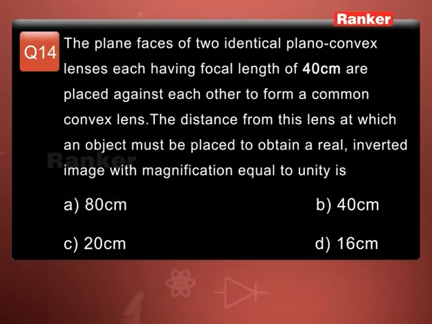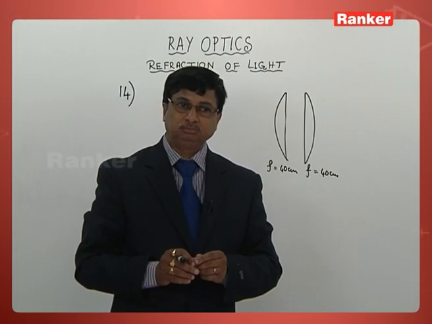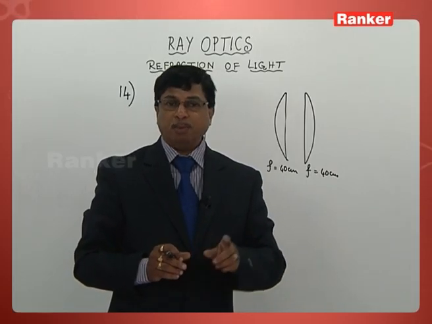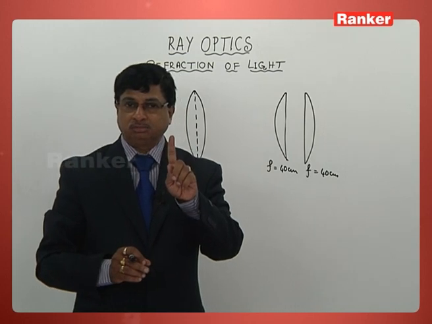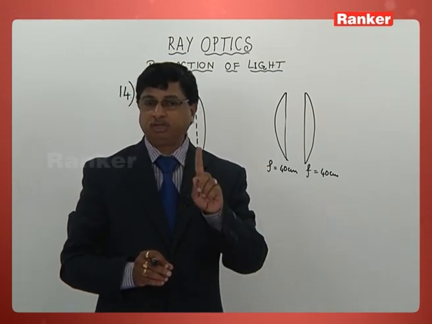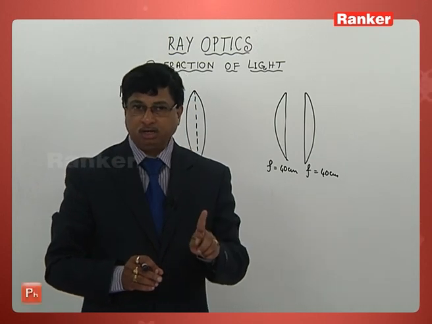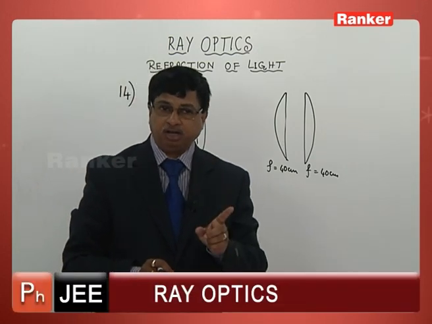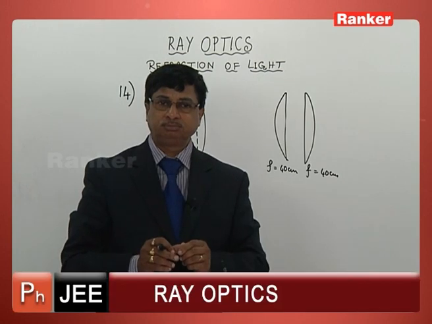The distance from this lens at which an object must be placed to obtain a real inverted image with magnification equal to unity is how much? Magnification is 1. That is the condition you need to understand out of this problem. For magnification to become 1, the object should be placed at the center of curvature.